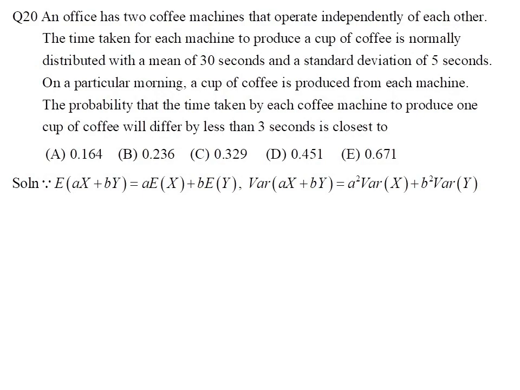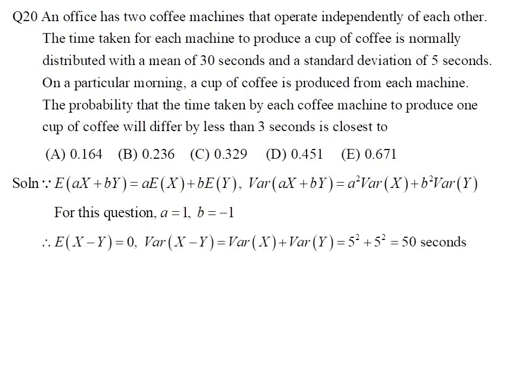If we assume the distribution variables of the two coffee machines are X and Y, then the expected value as well as the variance of their combination can be expressed as E of aX plus bY equals a times E of X plus b times E of Y. Var of aX plus bY equals a squared times Var of X plus b squared times Var of Y. In this case, a equals 1 and b equals -1.